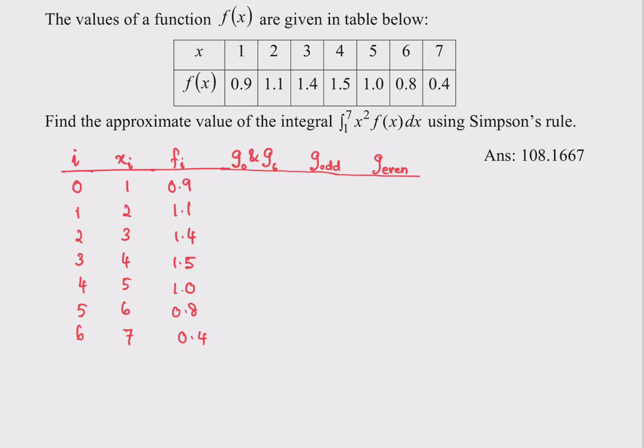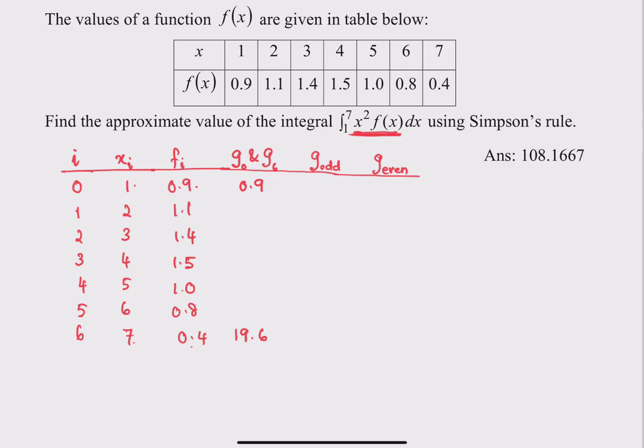For G0, you just multiply by x squared here. X squared is 1, multiplied by f0, because this is what you want to evaluate by using Simpson rule, so you will get 0.9. For the last one it is the same, x squared multiplied by f6, and you will get 19.6.